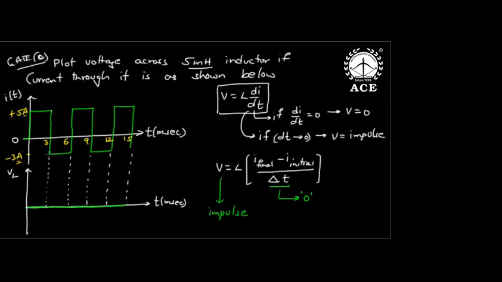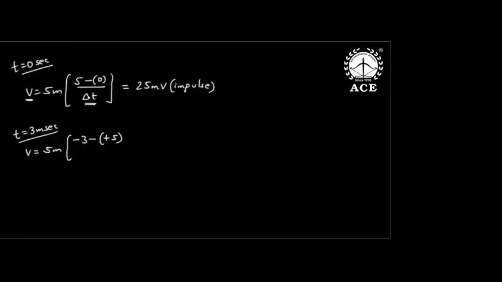By delta T. Again the concept is: if delta T tends to 0, not equal to 0, V becomes impulse voltage. But how much is the magnitude now? 5 milli into minus 8, so it is minus 40 millivolt impulse.